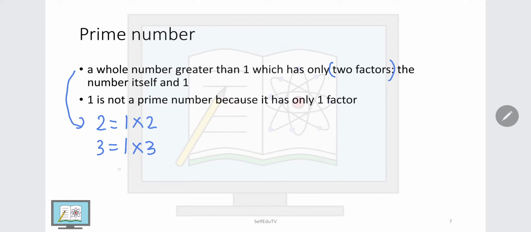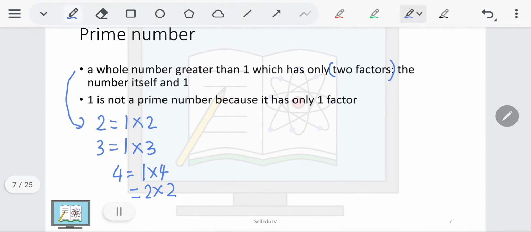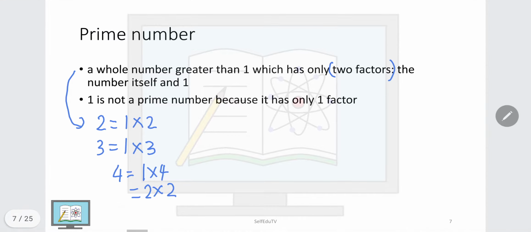How about 4? It can be expressed as 1 multiplied by 4, and also 2 multiplied by 2. So in total, there are 3 factors.